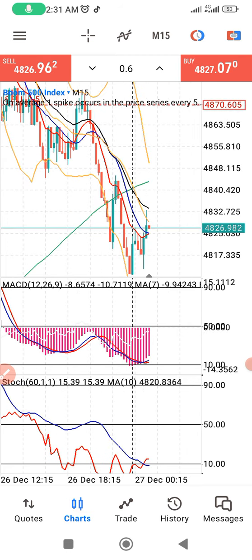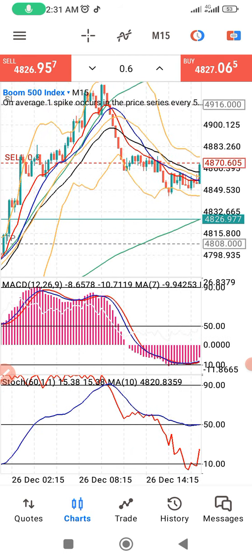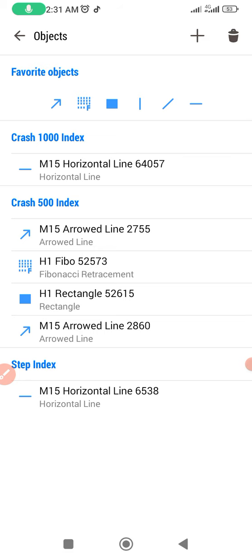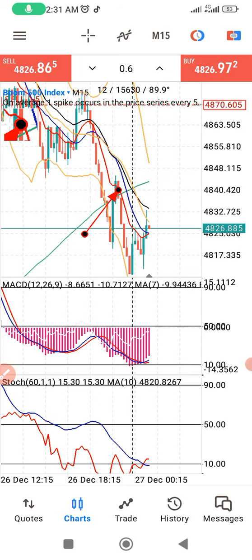In our previous video, we looked at how we can take advantage of our middle Bollinger Band of period 130, which is this green line.